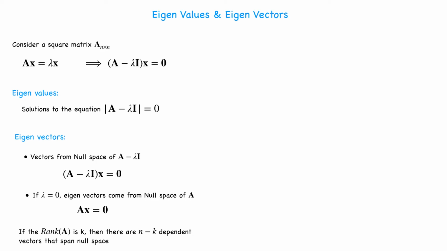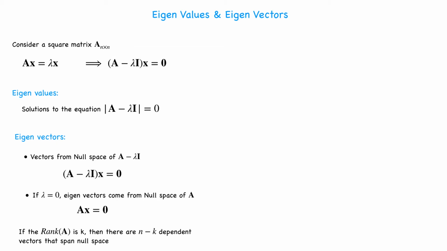So if λ = 0 is one of the eigenvalues and the rank of the matrix is k, then there are n − k dependent vectors, and all these vectors become eigenvectors of the matrix. That is one special case, when λ is equal to 0.